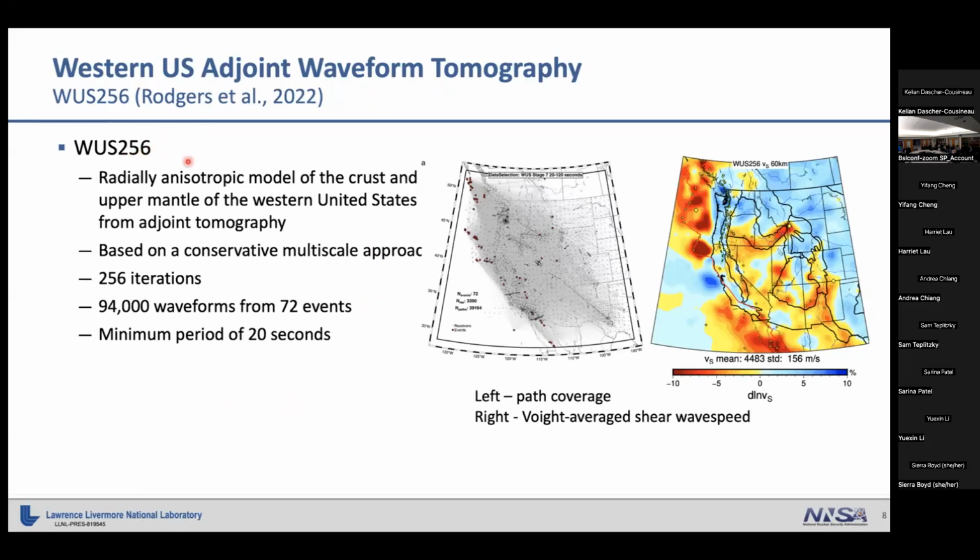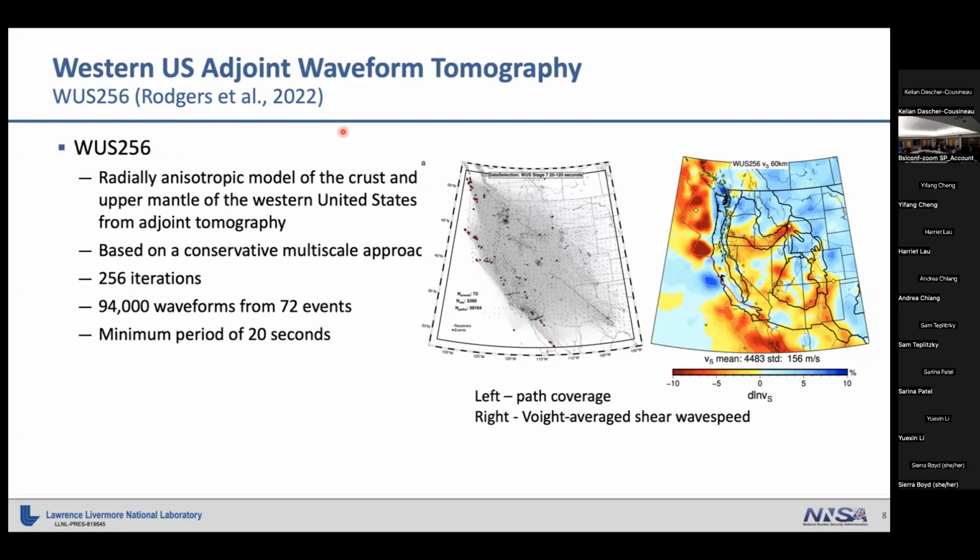WUS256 is a radial anisotropic model of the crust and upper mantle. We're focusing on the Western US because it's a place where we have a lot of data. So one of the first things is to characterize an area that has a lot of data, and we can test the source inversions before we go into an unknown region of interest.